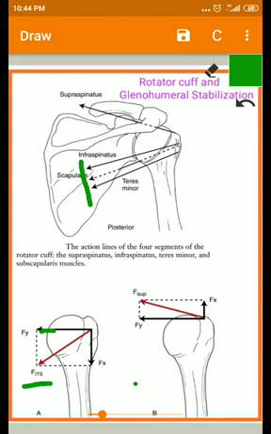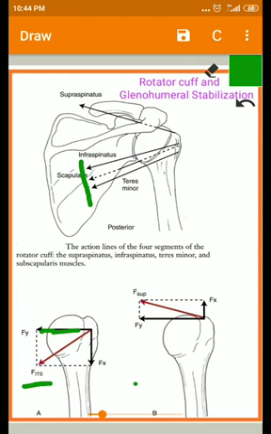This force clearly illustrates that the rotatory component may do more than rotate a bone around a joint axis. That means this rotatory component not only causes the rotation of the humerus, but it also compresses the humeral head on the glenoid cavity, the glenoid fossa.